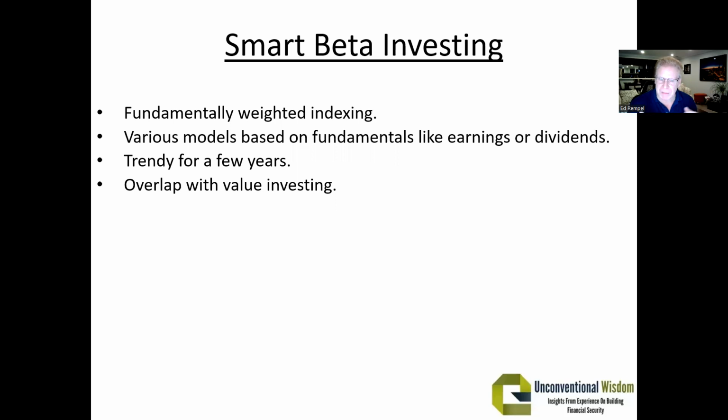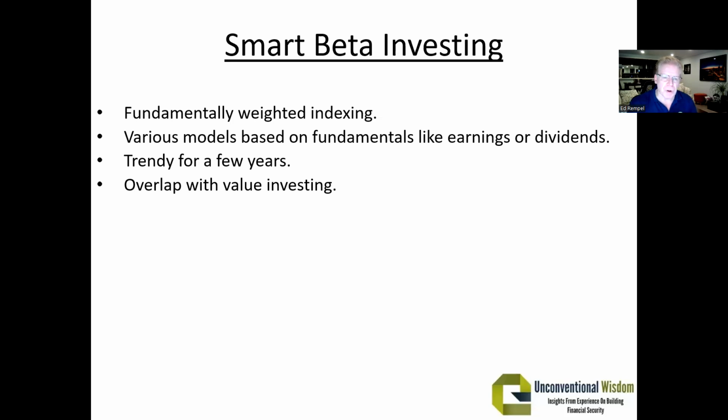It's a type of index investing, but instead of having the largest, most liquid ones, they're using some fundamental factors like earnings or dividends, and they look at companies on that basis and pick companies based on that. So it's not the typical big companies. It's an index based on earnings or based on dividends or based on some formula. That's what smart beta investing is.